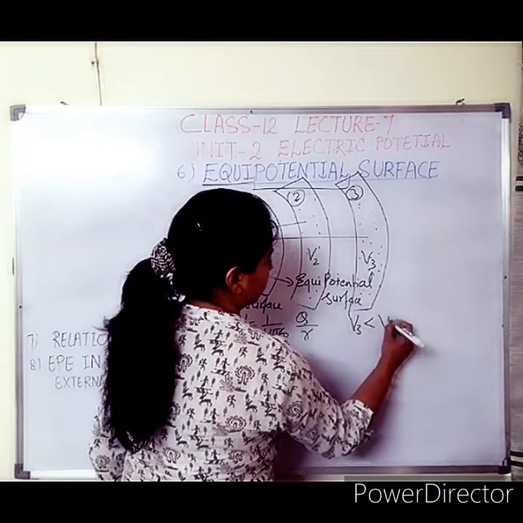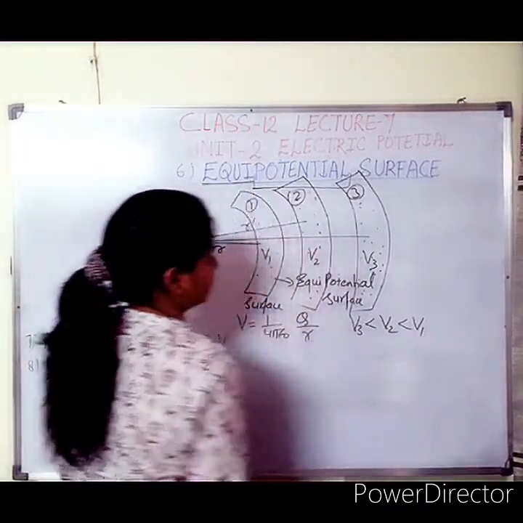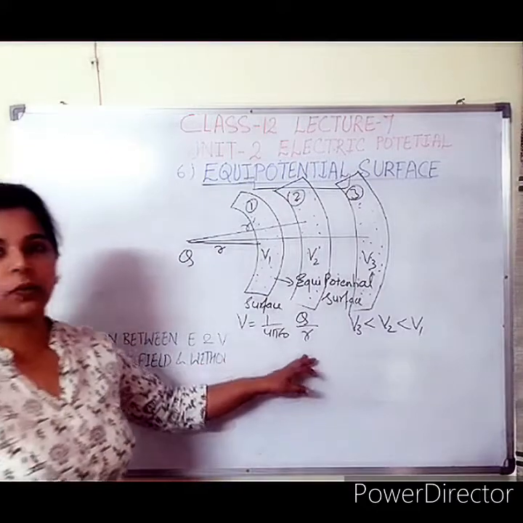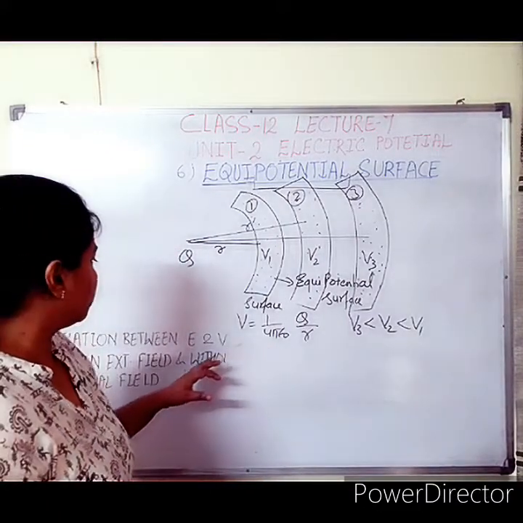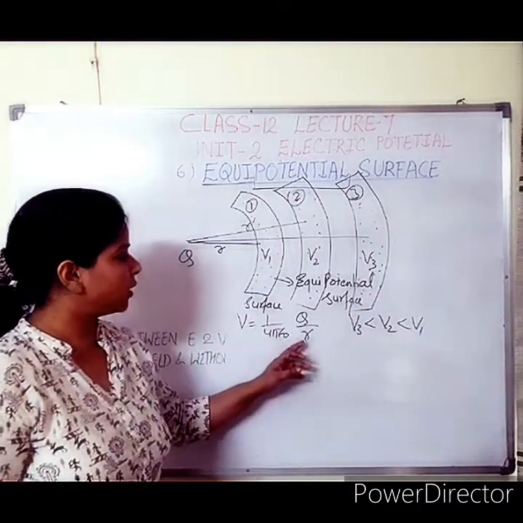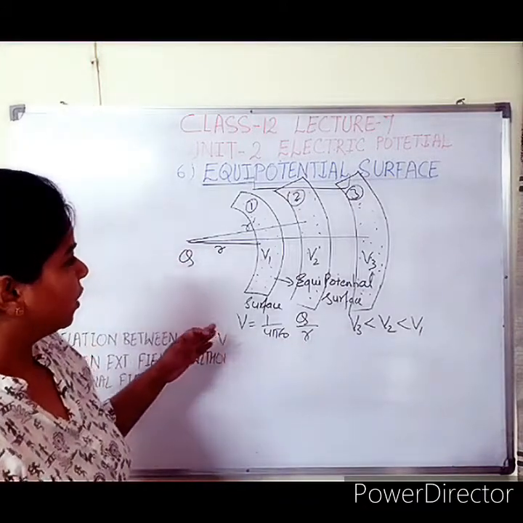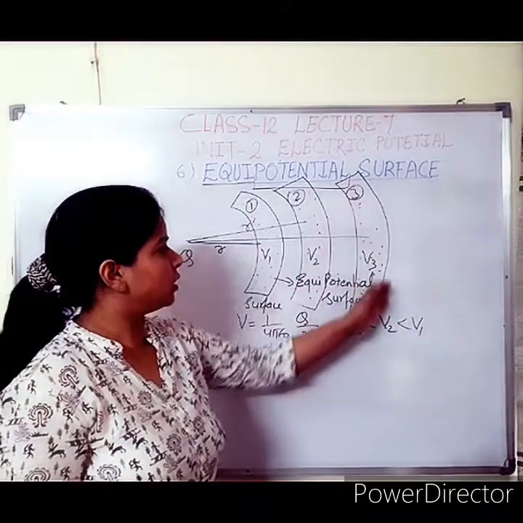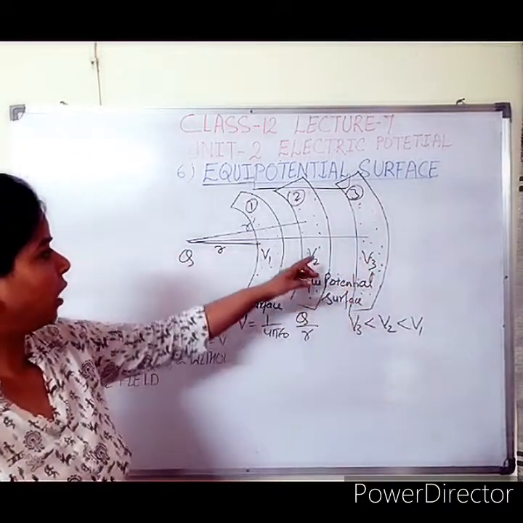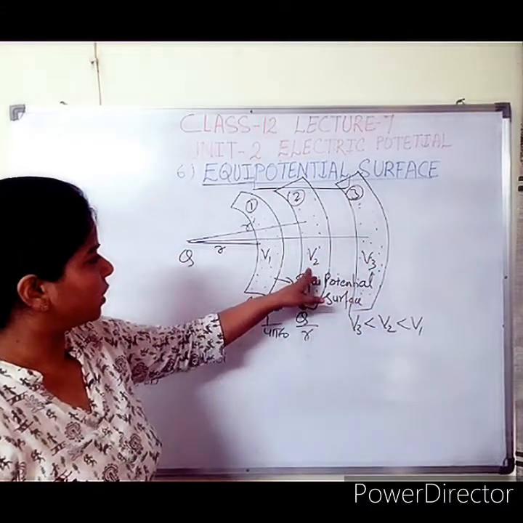V3 is lesser than V2, which is lesser than V1. It is on the basis of the same formula as I told earlier when I was discussing the electric potential topic. Distance is more, that means electric potential is lesser. So electric potential is the least for V3 surface and it is comparatively greater for V2 than V1 surface.